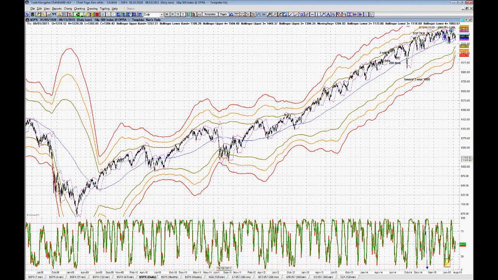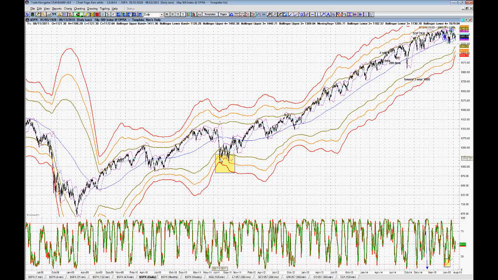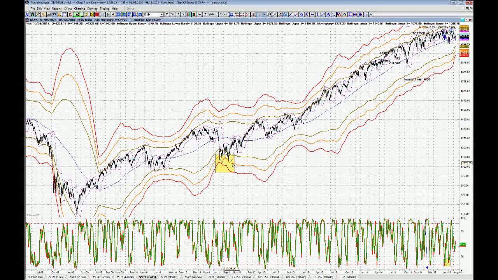Once in a while, as you can see right here, I'll highlight it this way, this yellow box, price broke down and went to and actually through the orange band, three standard deviations is 99.7% of reality or normality.